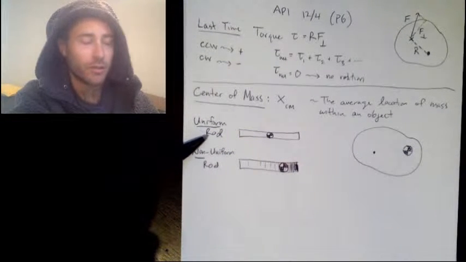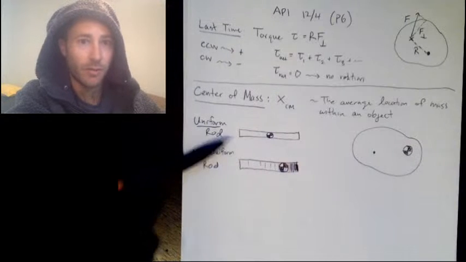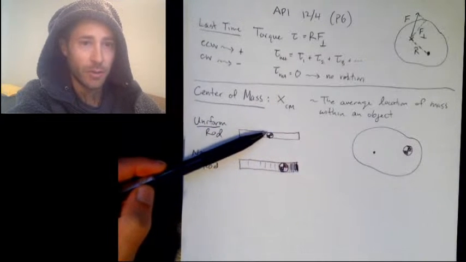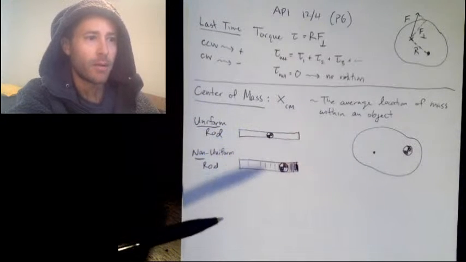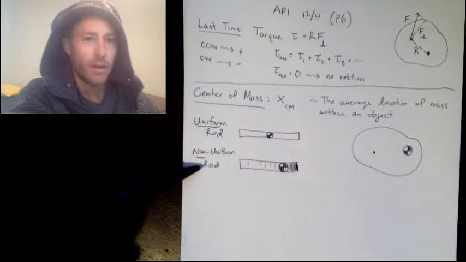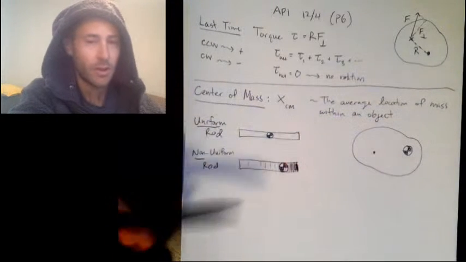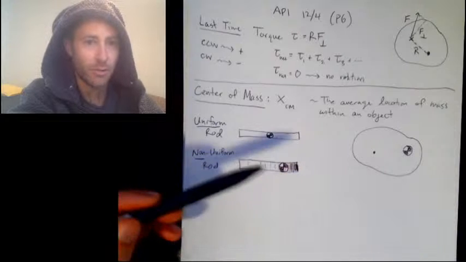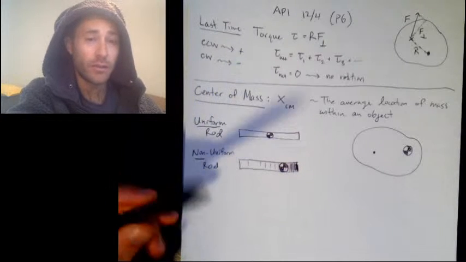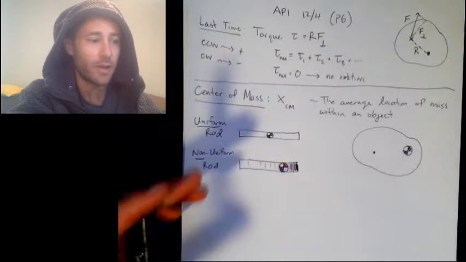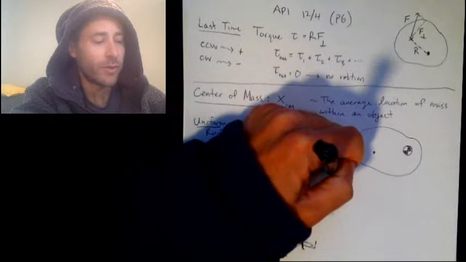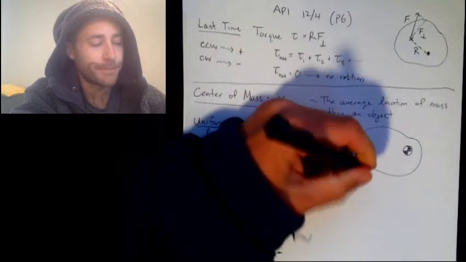So the center of mass is always going to be actually in the middle. But if you have a non-uniform thing, which we'll talk about later on in the class, you have to actually calculate where it is. One way to experimentally determine the center of mass is to find the balance point.